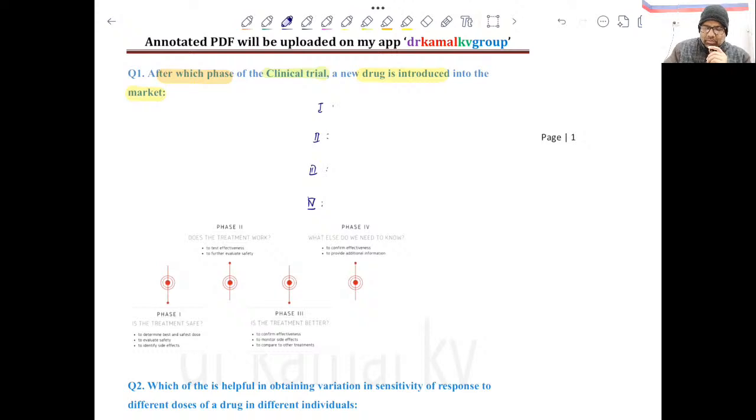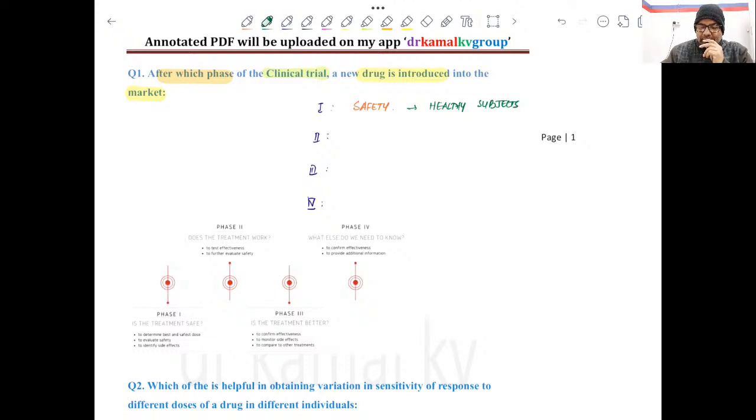Clear? Now, whenever we are planning to introduce a new drug into the market, we don't know about the safety of the drug. So, in the very first phase, we have to check whether the drug is safe for humans or not, right? So, the very first phase is about safety. And what we will do here, we will give the drug to healthy subjects. Clear?